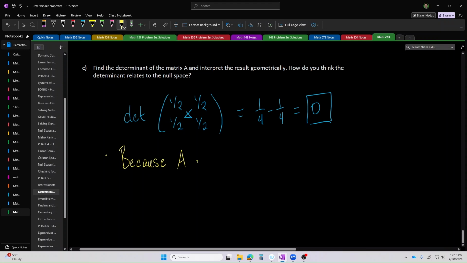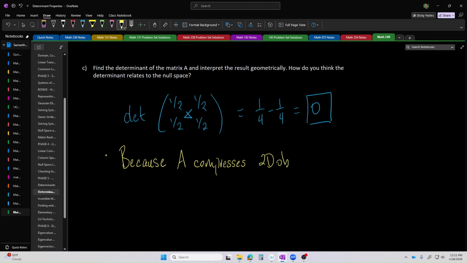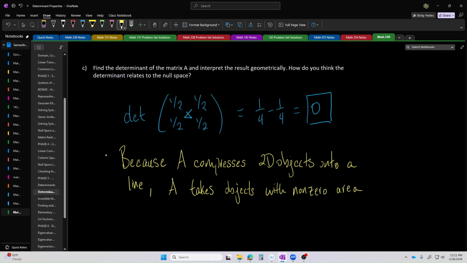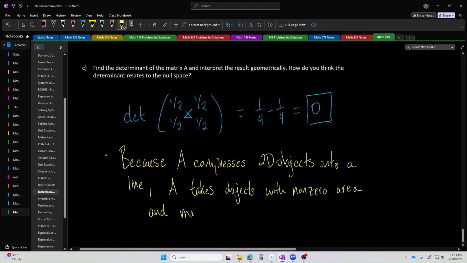Because A compresses 2D objects onto a line, A takes objects with non-zero area and makes them have zero area.